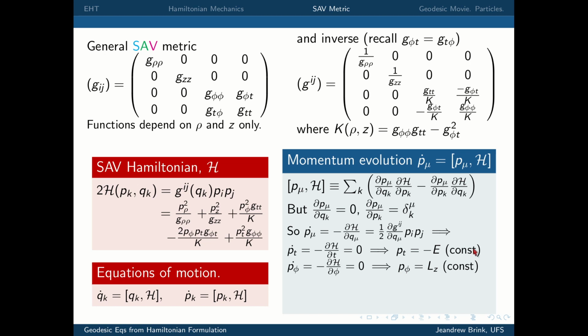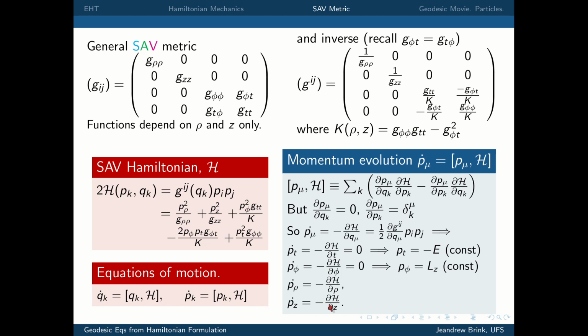Okay, so it's been going very well. We've managed to integrate 2 of our 8 equations, so it simplifies things down. For the remainder, we're not that lucky, and so here we have p rho dot is simply minus dH d rho, and pz dot is simply minus dH dz.